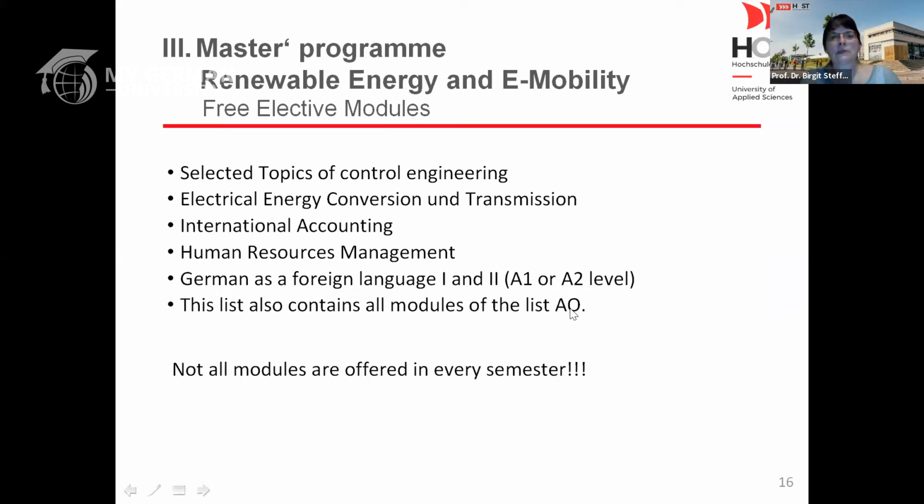And this list contains also modules of the list of application-oriented modules. Not all modules are offered in every semester. Some are offered in the summer semester and some are offered in the winter semester.